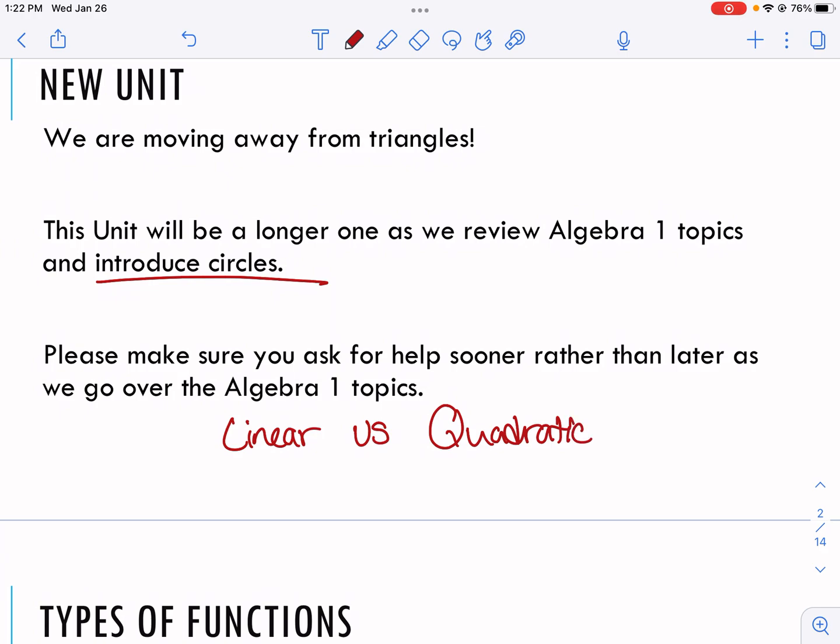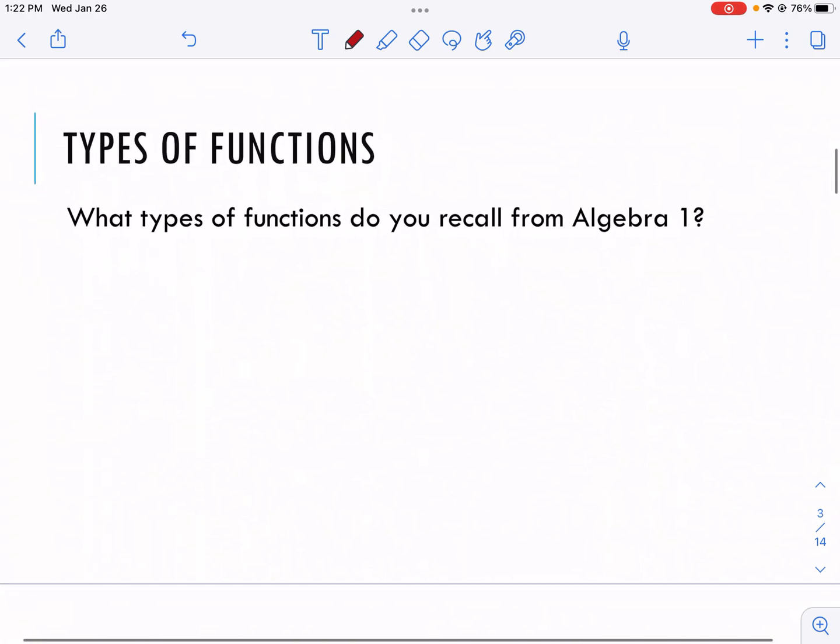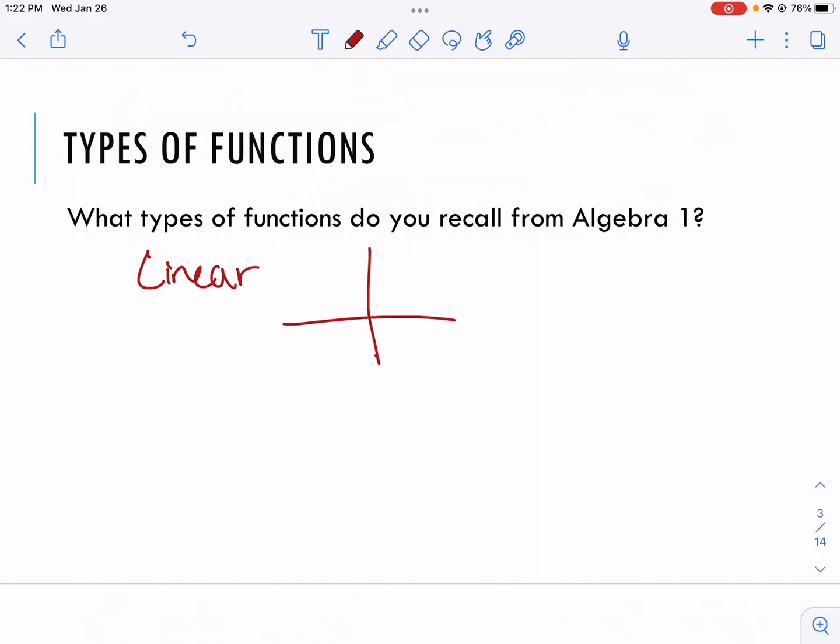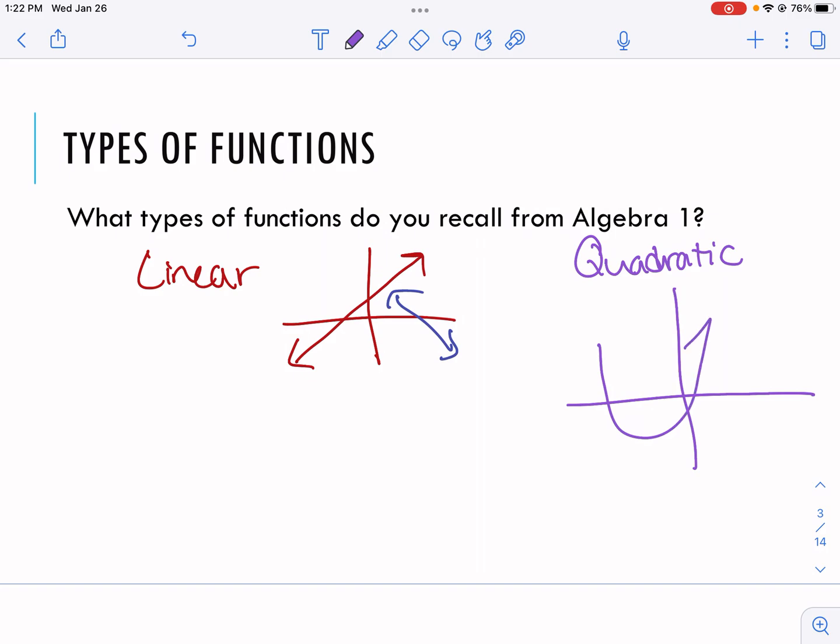For the first thing here, if you recall, linear functions are that nice straight line, whether they're increasing or decreasing. Then we have quadratics, which are those parabolas where they either are facing up or they're facing down.